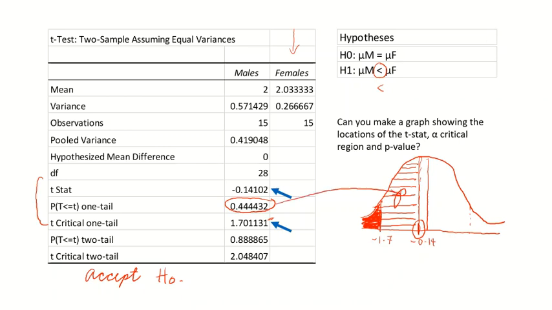Because that's a very big p-value, although we accept that there is no difference, we also say that the results are not statistically significant. Meaning to say, although we have a decision, our data is not enough to give us a statistically significant result.